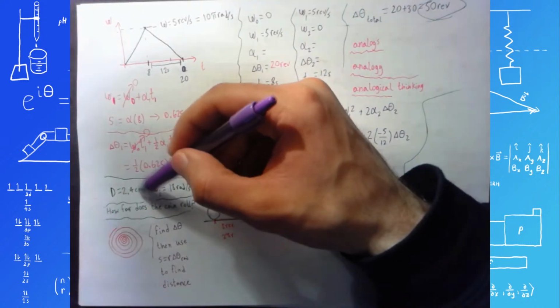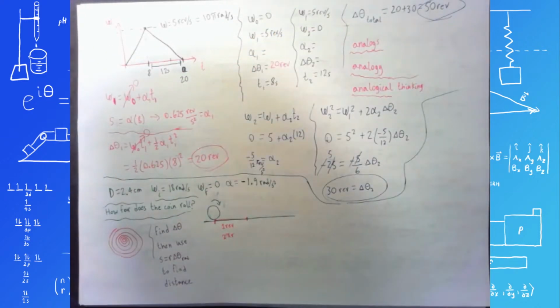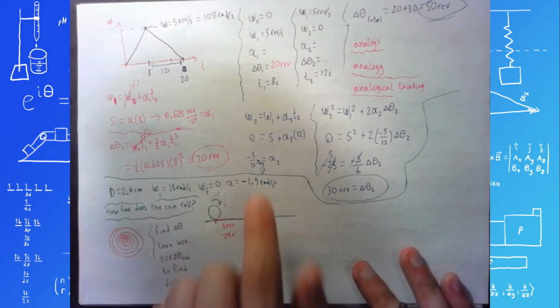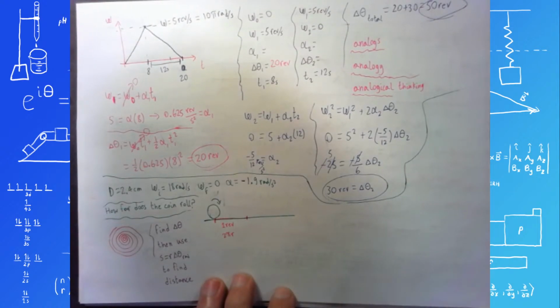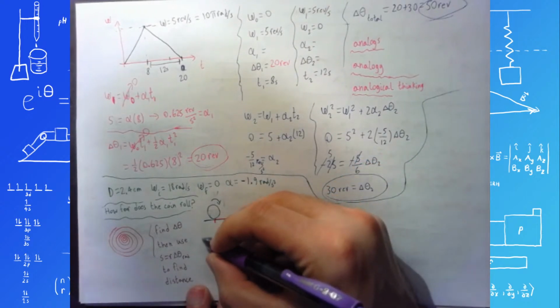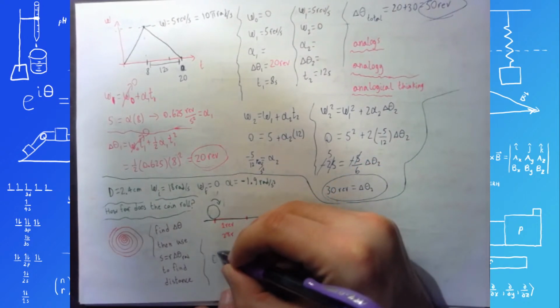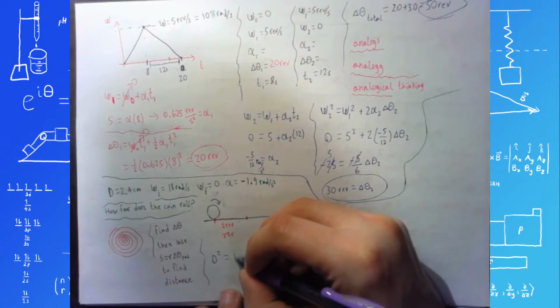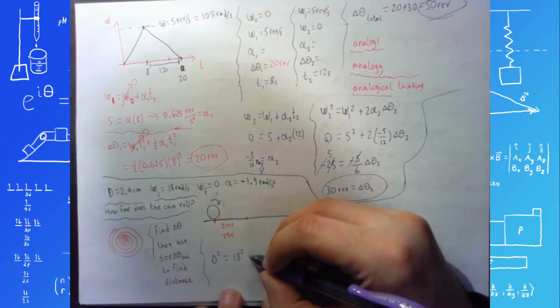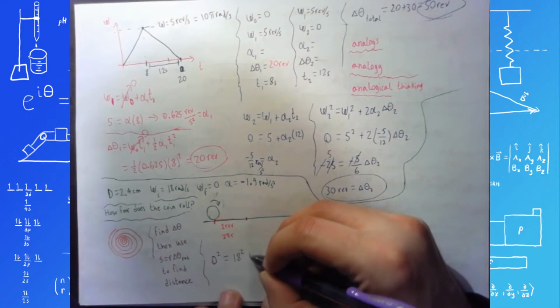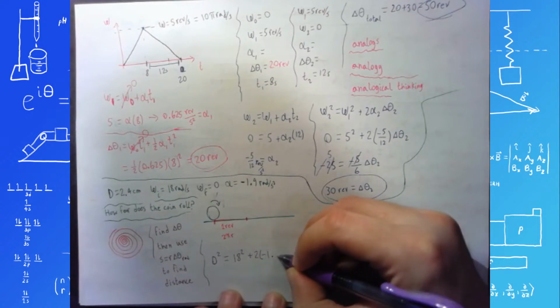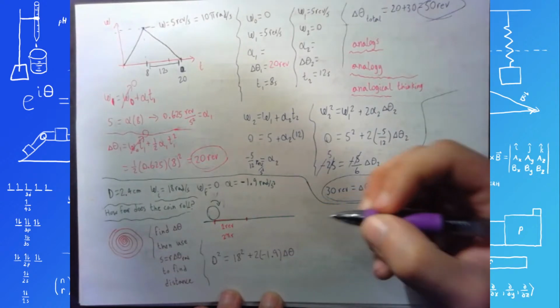I was going to start off by changing this to radius, but we'll worry about that in the end. Everything else is already in radians, which is very convenient for us. I would rather use the third equation here since we don't know t. So omega final squared, which is 0 squared, equals omega initial squared, which is 18 squared, plus 2 alpha delta theta, so plus 2 times negative 1.9 delta theta.